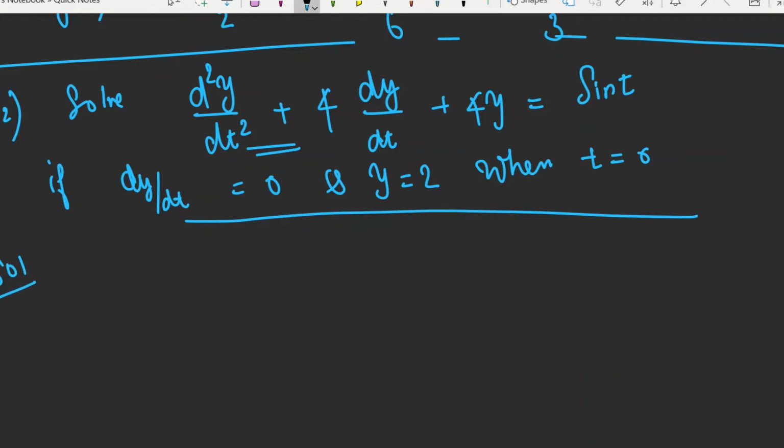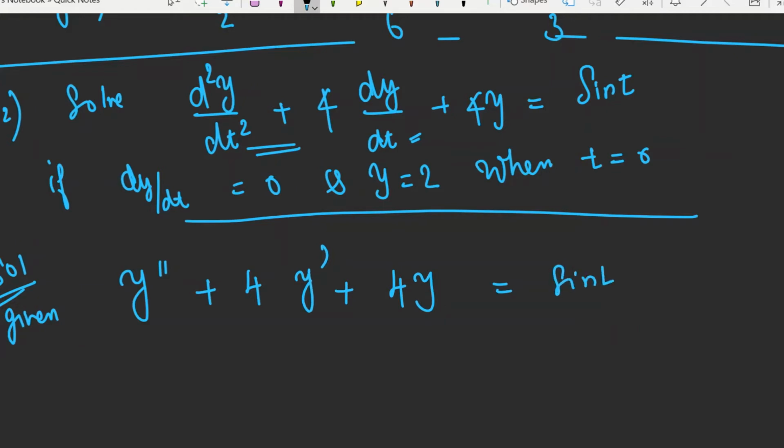So first we have to rewrite the given expression in the standard format. For d square y by dt square we can write y double dash. So given y double dash plus 4 dy by dt, that is y dash, plus 4y equals sin t.